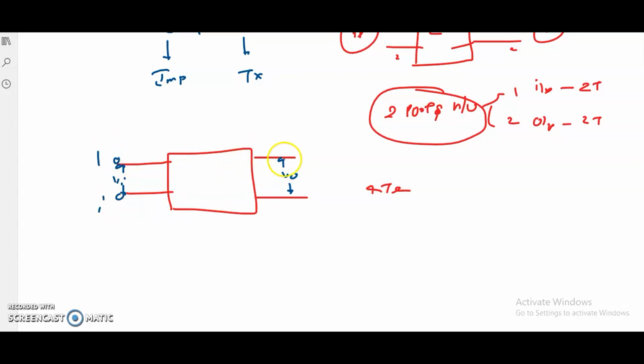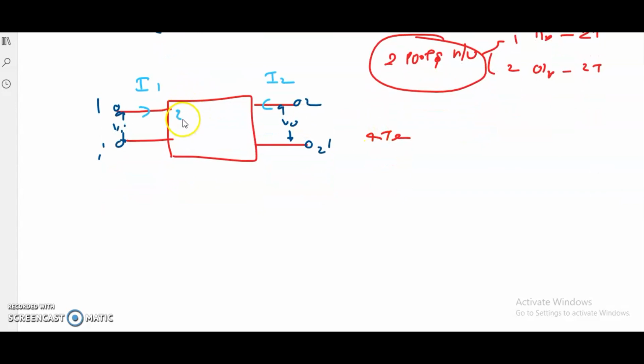Let's take the terminals 1 and 1 dash, and 2 and 2 dash, first port and second port. The current from the first port enters into the network, and here also we take the direction I2 like this. You have to follow these directions compulsorily. So V1 at the left side port and V2 at the right side port, and I1 is entering into the passive network, and I2 is also entering into this 2 port passive network.